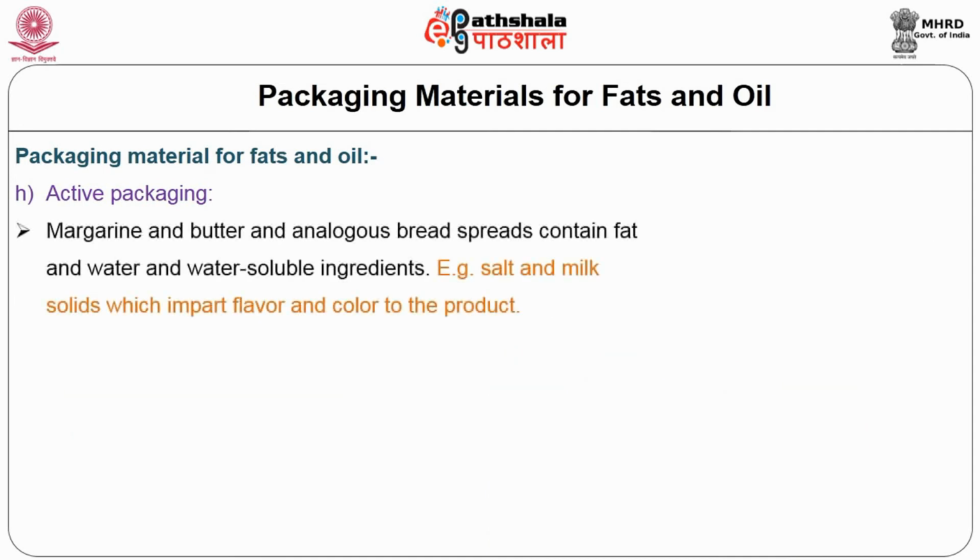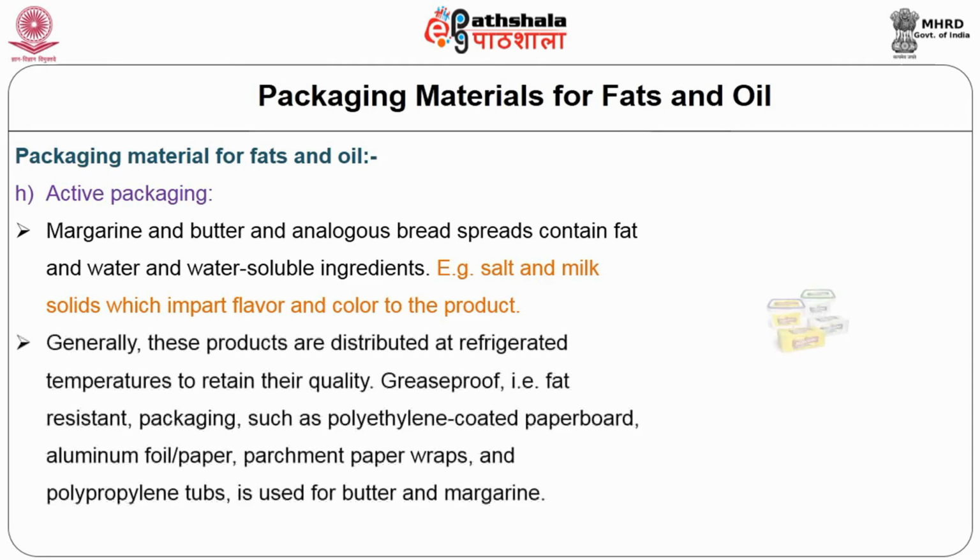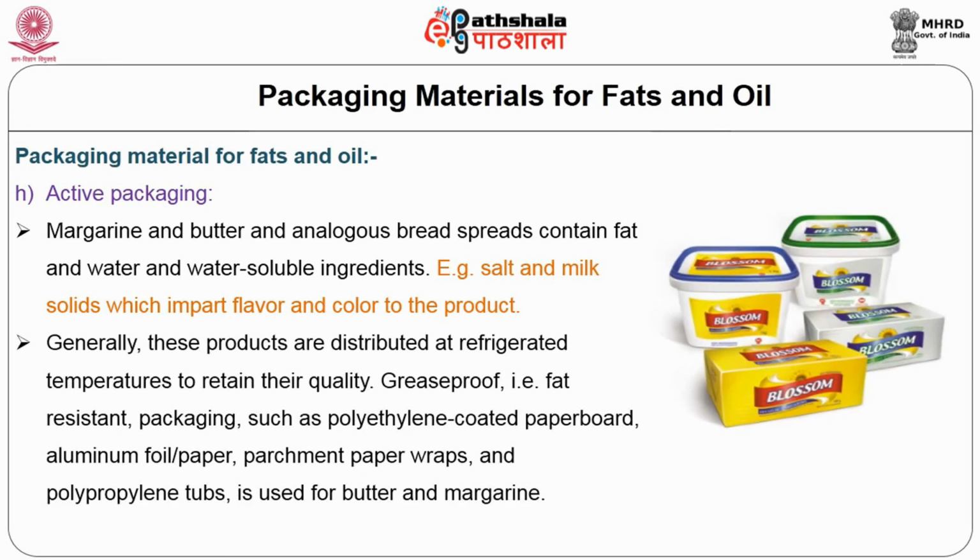Margarine and butter and analogous bread spreads contain fat and water soluble ingredients, for example, salt and milk solids, which impart flavor and color to the product. Generally, these products are distributed at refrigerated temperatures to retain their quality.